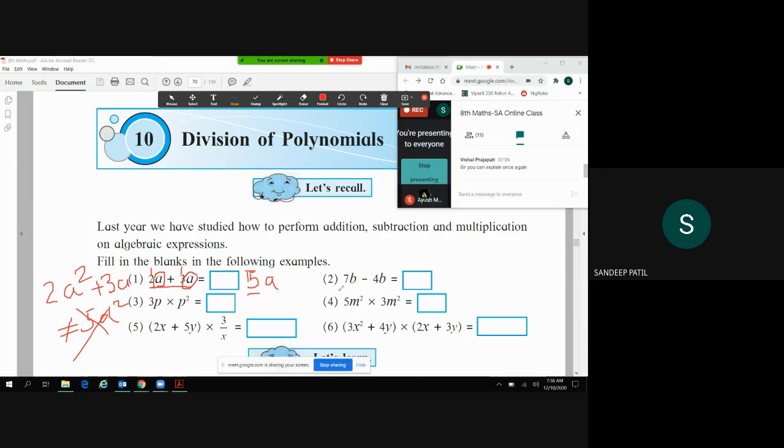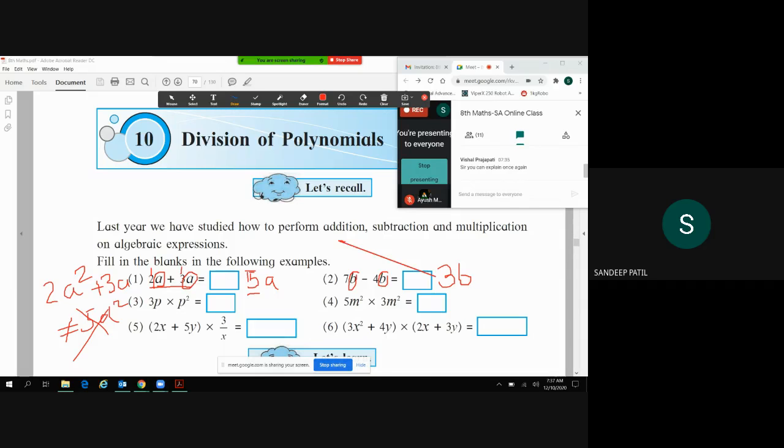Similarly for subtraction also, the same thing applies. जो variable है वो common होना चाहिए. Sorry. So यहाँ भी देख सकते हैं 7b minus 4b. यहाँ b is common और 7 minus 4 is 3. So इसका आंसर है 3b.